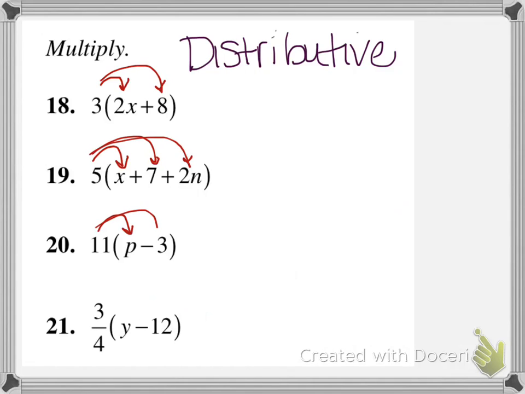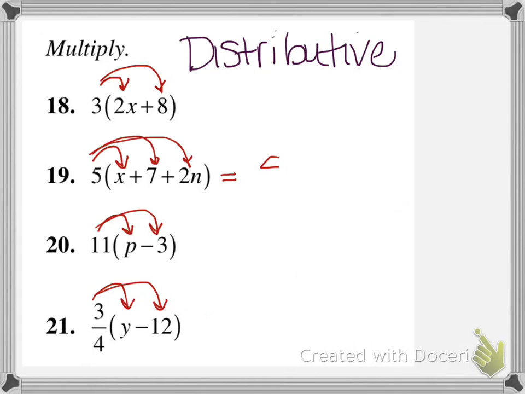Here it's 2 terms, and here it's 2 terms. So let's look at this long one first. So if I take 5 and distribute it throughout, 5 times x, and whenever you have a number next to a parenthesis, that means to multiply.